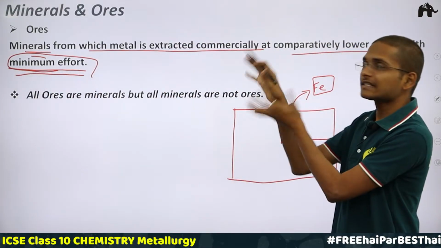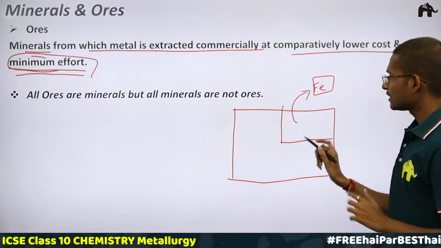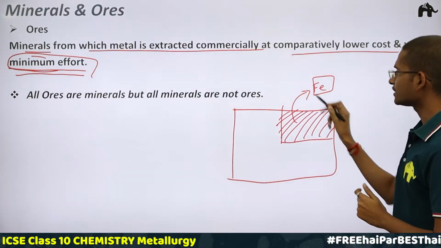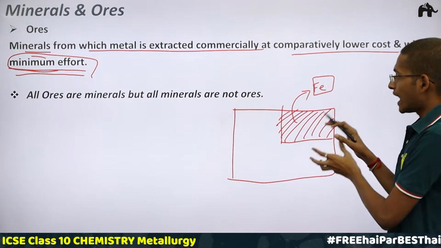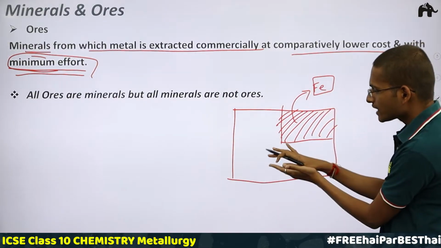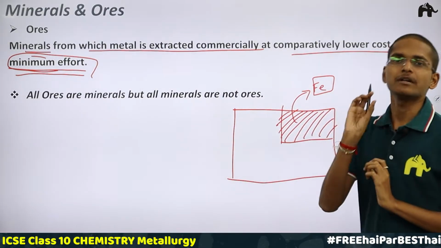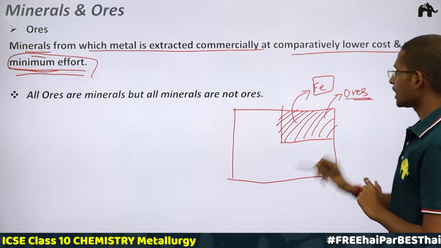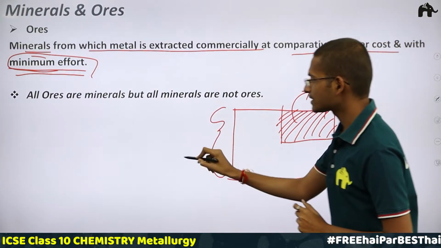So those minerals are called ores. Out of these minerals, I found that I can extract the iron in its pure form at a comparatively lower cost than the other minerals, as well as with minimum effort. So I would call these minerals ores, out of all these minerals.